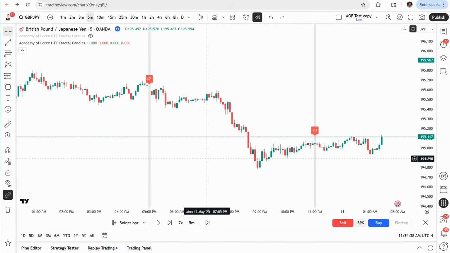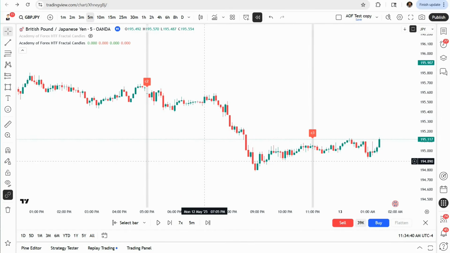This indicator can be used to enhance the win rate of existing strategies or indicators you may be using, for example, like the Academy of Forex indicator, which I did a whole video on, or it can be used just as powerfully as a standalone indicator.